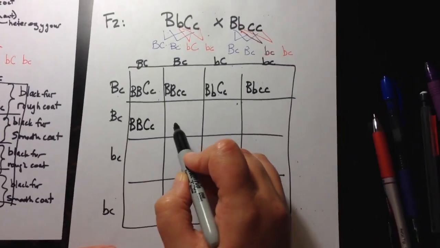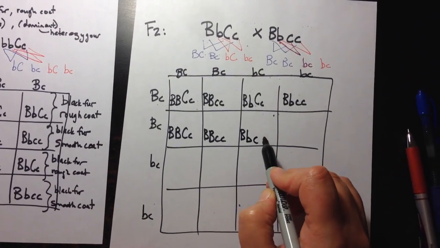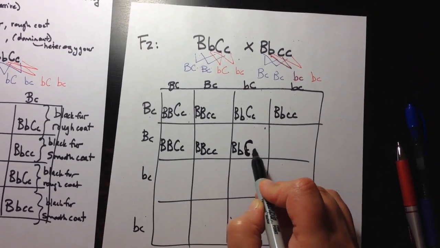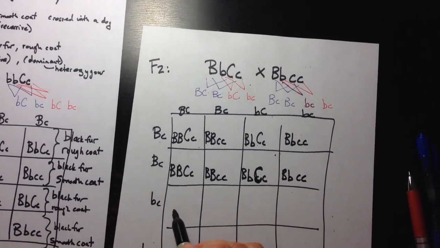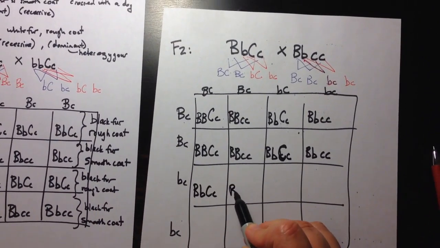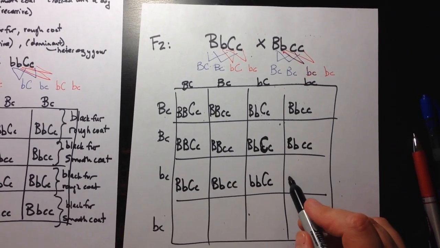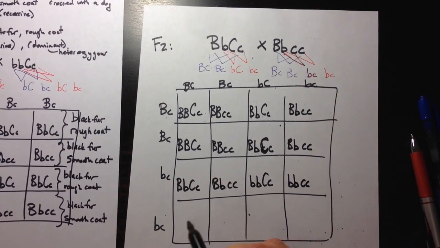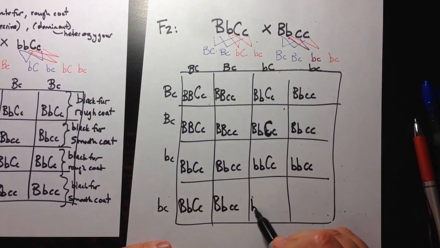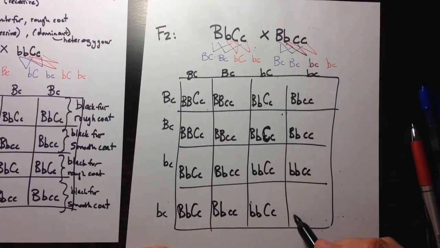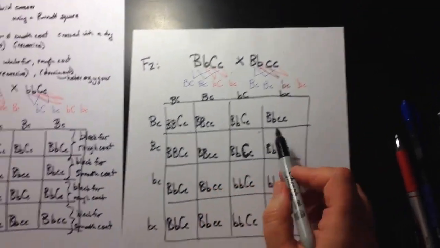So keep going until you have your whole Punnett square completed. Must be big. There's the last one.